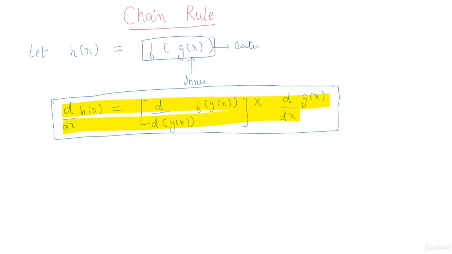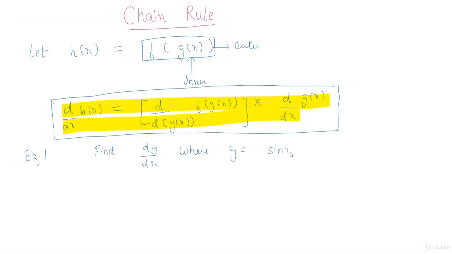Now we will take some examples to make this concept more clear. So let's start with our first example. The question is to find dy by dx where y is equal to sine x whole cube.